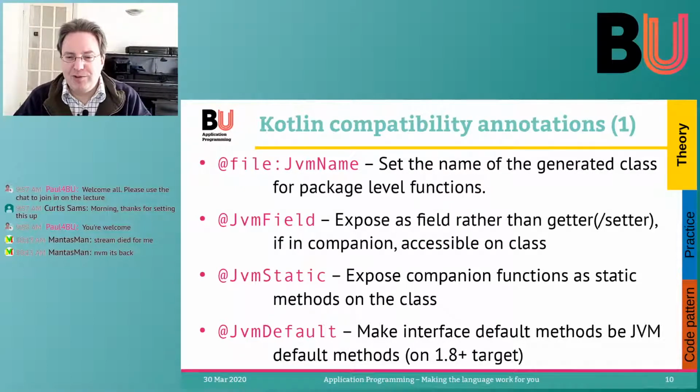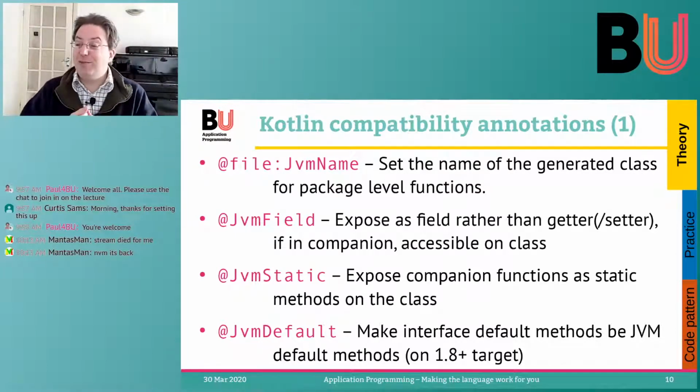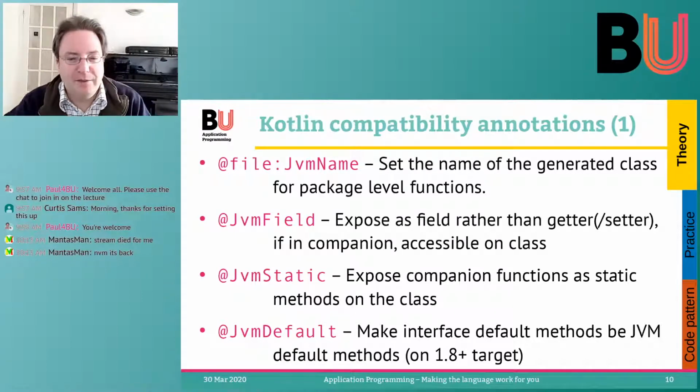We wouldn't want to do it that way in Kotlin, but if we wanted to, we could have a file, add @file:JvmName to set the name of the generated class. That needs to be at the top of the file to work correctly. If you don't do that, it will give you a warning and will tell you to put that at the top of the file.